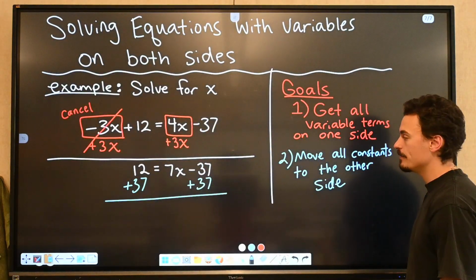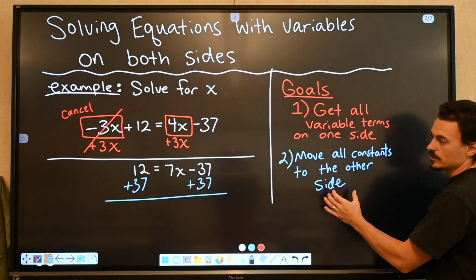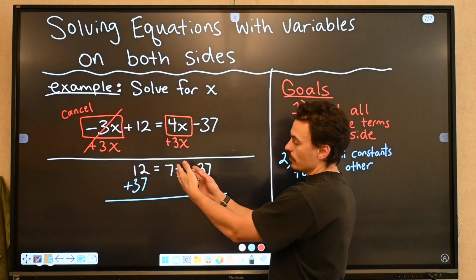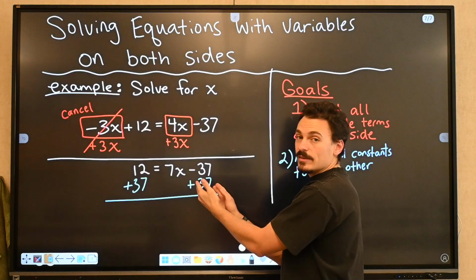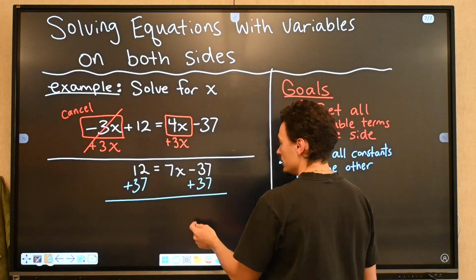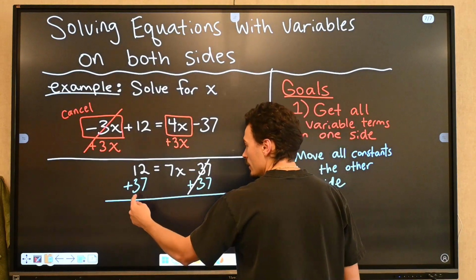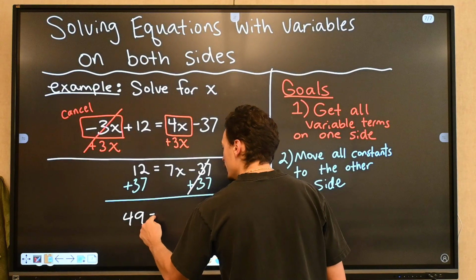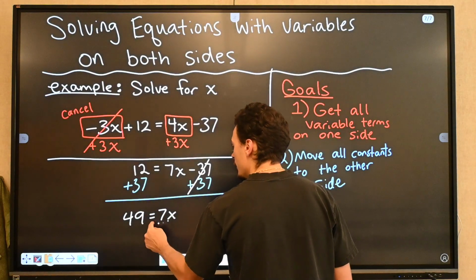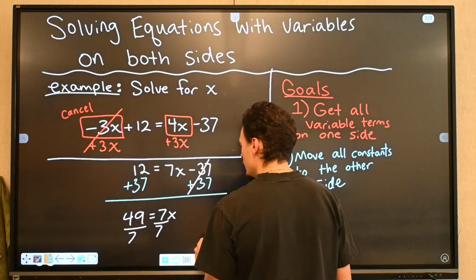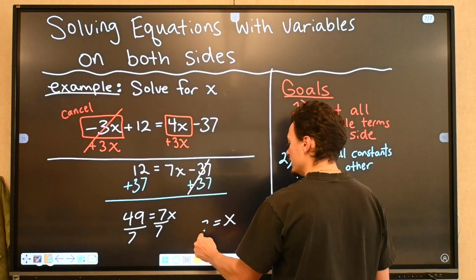That's my blue step. I want to move all the constants to the other side. I know that my x's are on the right, so I need to get rid of negative 37. These cancel. I get 49 equals 7x. Divide by 7. And I get x equals 7.